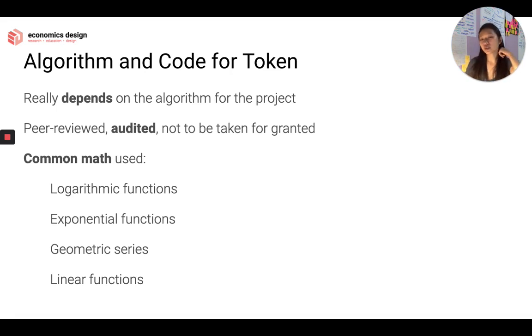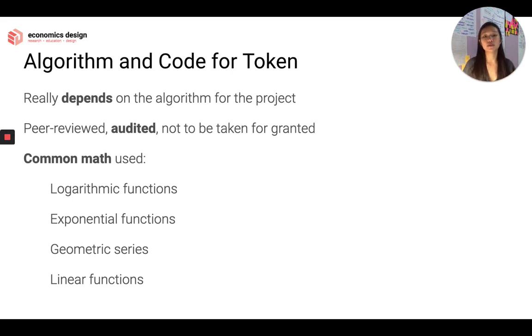What I notice is that sometimes people just assume that the token model or the formula is just like that because someone else has done it, but no one has verified or audited the base formula, and it's being applied and used in all sorts of ways. So that's something you should not take for granted, and that's something that should be audited.